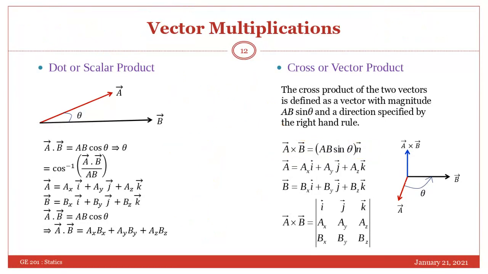When we have to multiply the unit vectors, in vector multiplication we follow this cyclic rule.